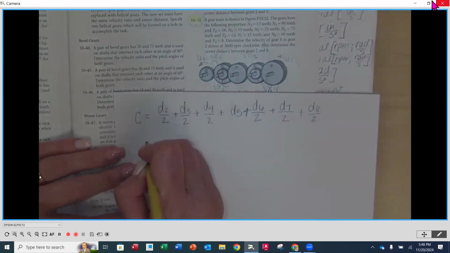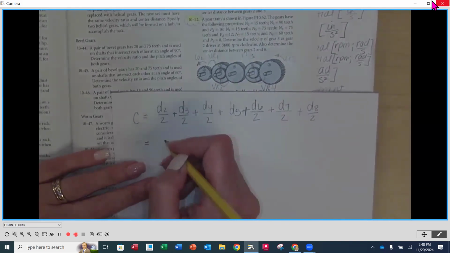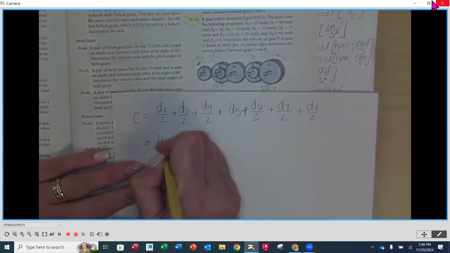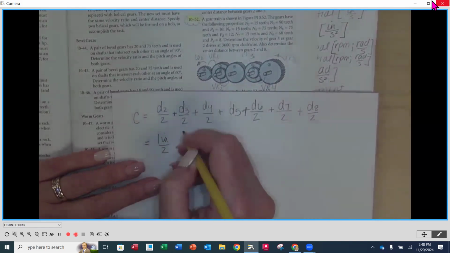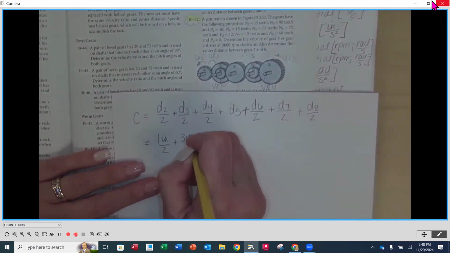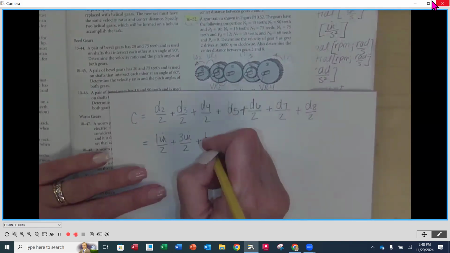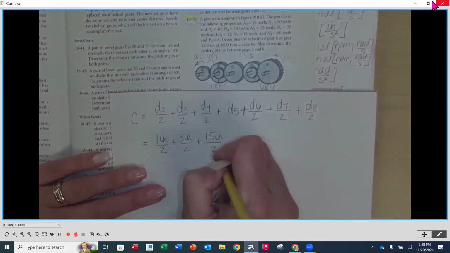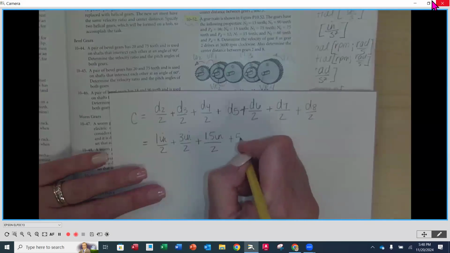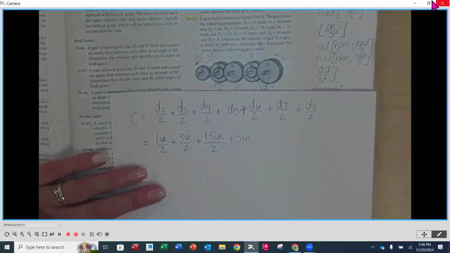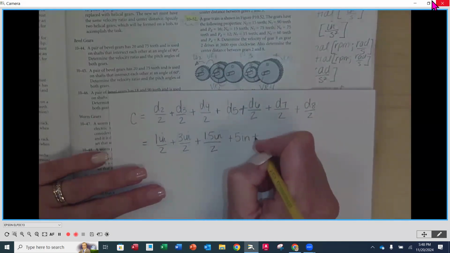Okay, so now we're going to put all our values in. This is going to be 1 inch divided by 2 plus 3 inches divided by 2 plus 1.5 inches divided by 2 plus 5 inches. That's for our diameter of gear number 5.